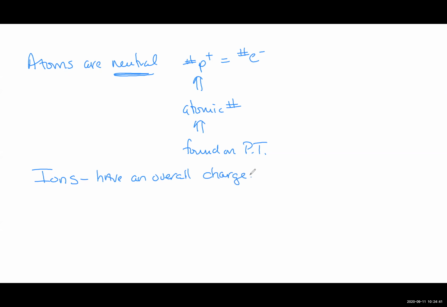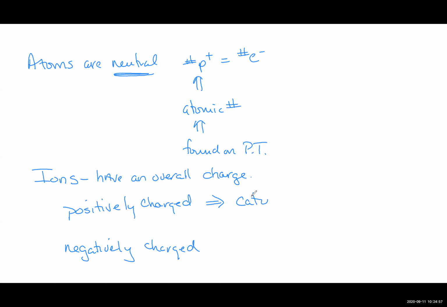They are not neutral. Some ions are going to be positively charged, and some ions are going to be negatively charged. If they're positively charged, they're called cations. If they're negatively charged, they're called anions.